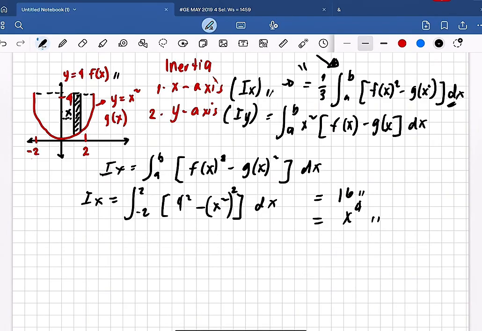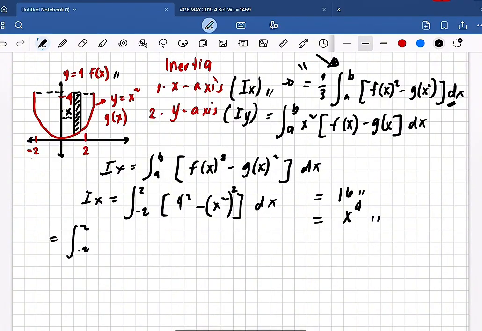Now let's integrate this, with negative 2 and positive 2 limits. The integral of 16 becomes 16x minus, for x raised to 4, we add 1 or use the power rule, which becomes x raised to 5 over 5.